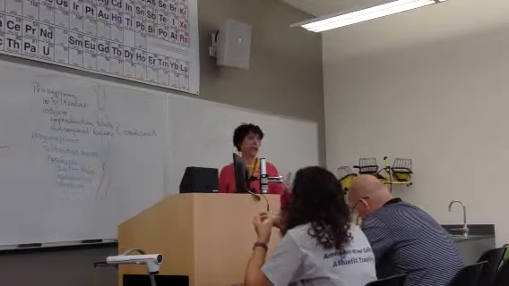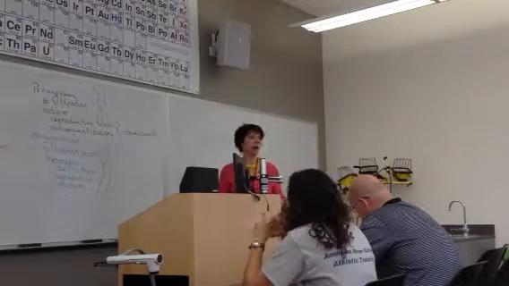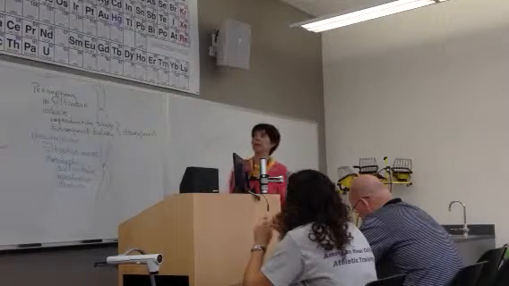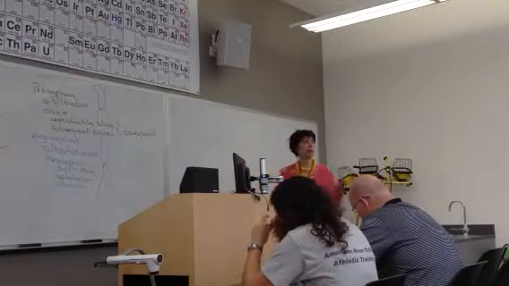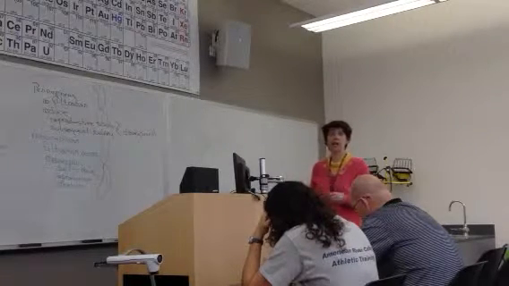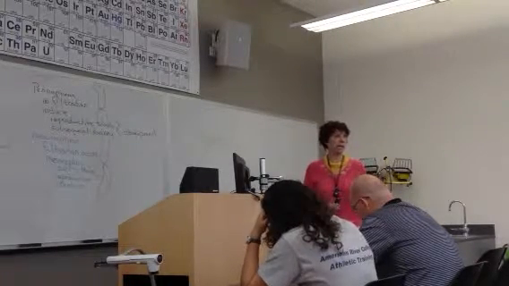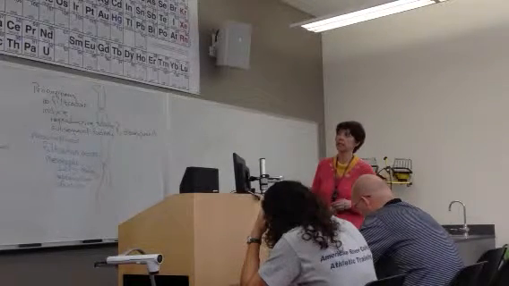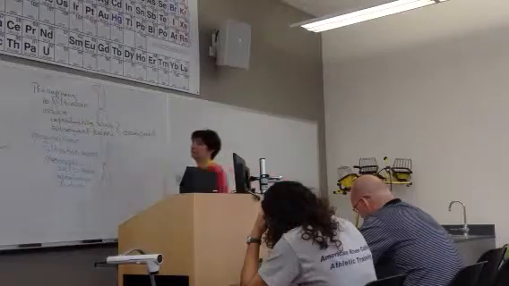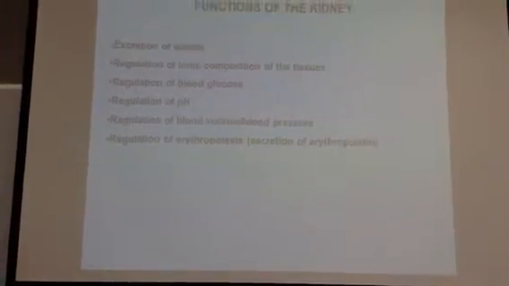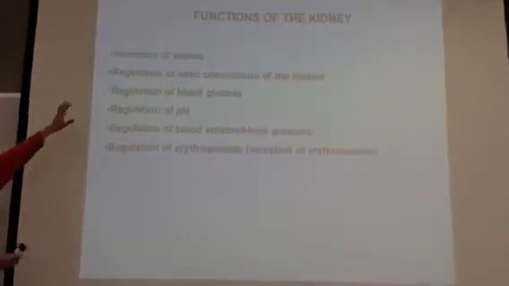Urea, uric acid, ammonia, which are all forms of nitrogen waste. Okay. In addition, we know with erythropoietin, the kidneys are a site of hormone production that increases red blood cell generation, erythropoiesis. And actually, regulation of blood glucose is not a true statement. It certainly reabsorbs glucose, but it doesn't regulate its reabsorption.